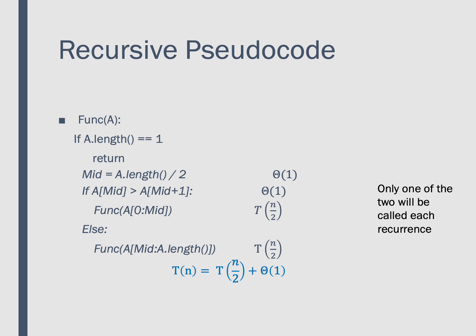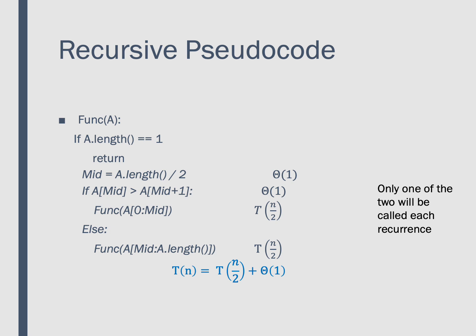Then the recursive case: we calculate the midpoint of the array, mid equals A.length over 2, which is a constant time operation. The function checks whether A[mid] is greater than A[mid+1]. Again, this is a constant time operation.